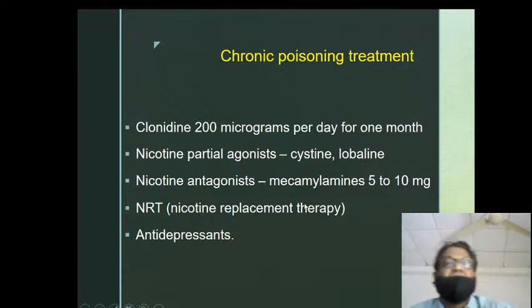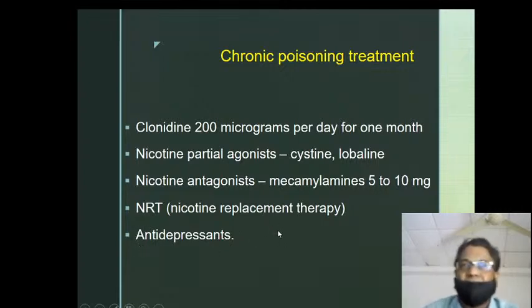This one is very important, so that the individual can easily overcome the habituation. Because of long-term use, when he suddenly stops nicotine, he may develop some amount of depression. So the individual can also be given antidepressants.